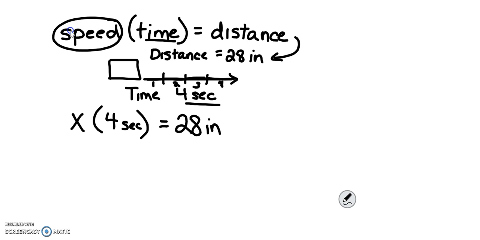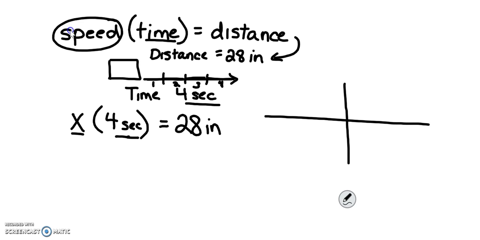So this is our equation. Whatever speed it's going, if it does that for 4 seconds, so x times 4, we will get a distance of 28 inches.